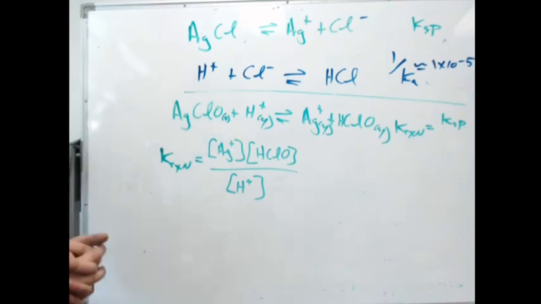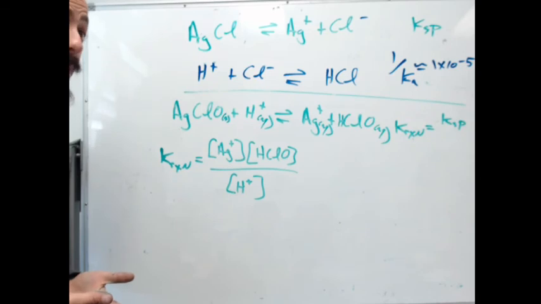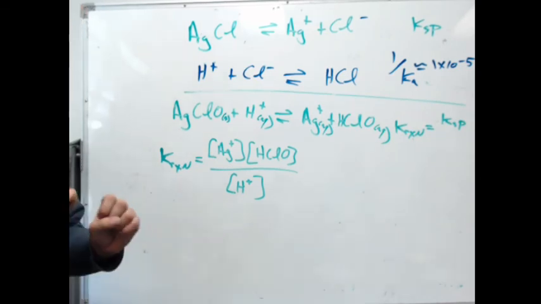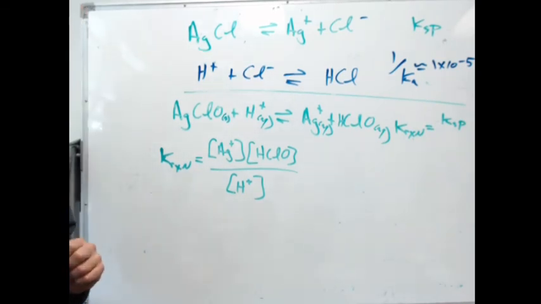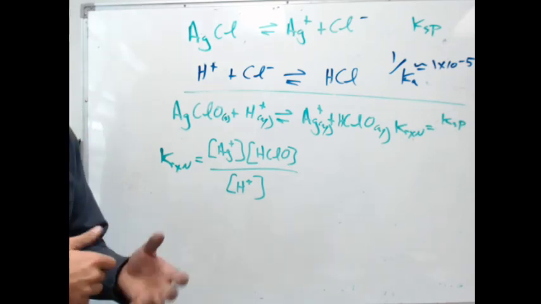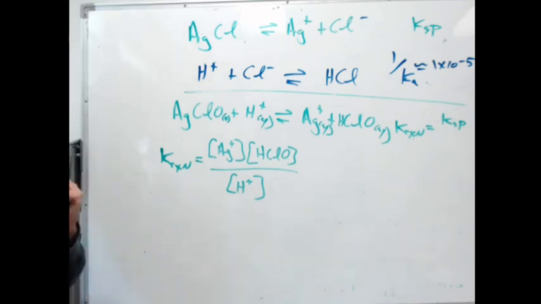Nitric acid is usually a safe choice because nitrates are always soluble. But you also have to be careful because nitrate, NO3-, gets reduced. It can go through a redox reaction. So you also have to be careful about that.